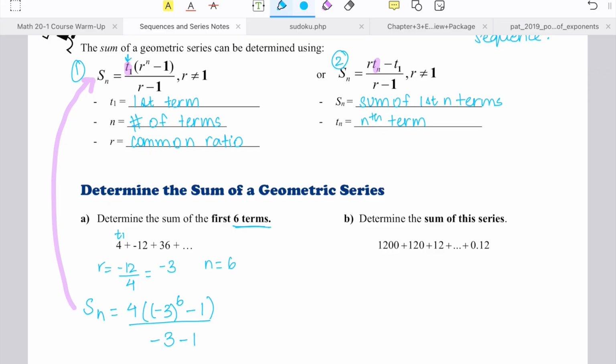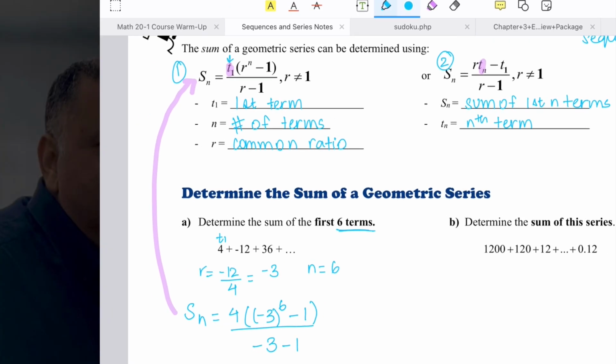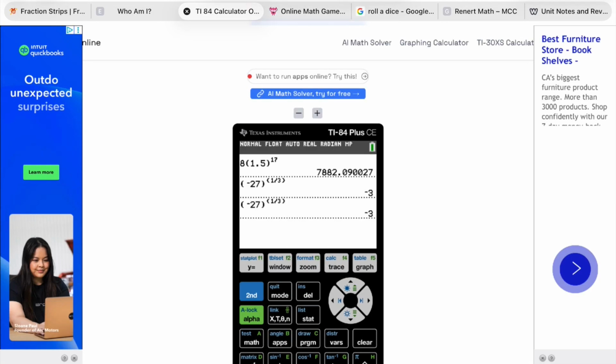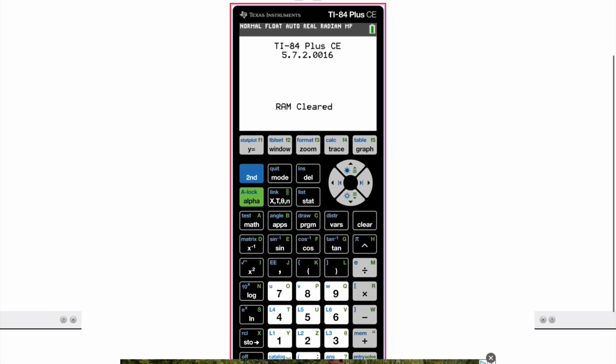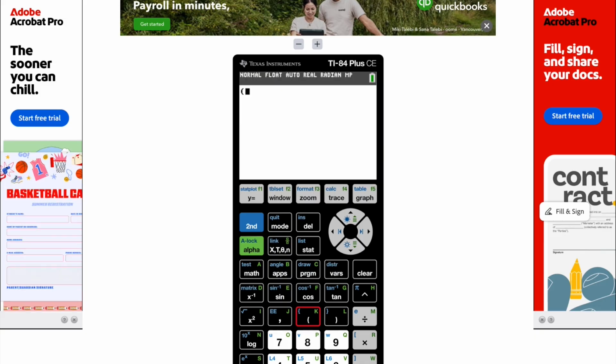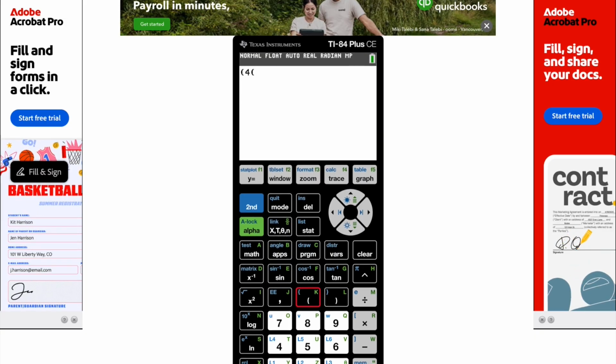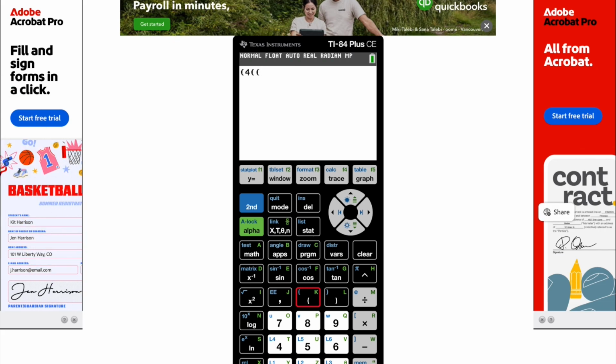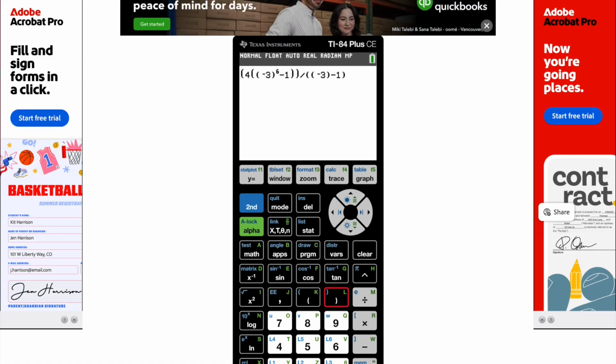Okay, so you can put that in the calculator. So bracket starts, 4, bracket starts, another bracket, minus 3 bracket to the power of 6, and then we have minus 1 bracket, bracket close, divided by bracket starts, another bracket, minus 3, minus 3 bracket closes, minus 1 bracket close, enter.